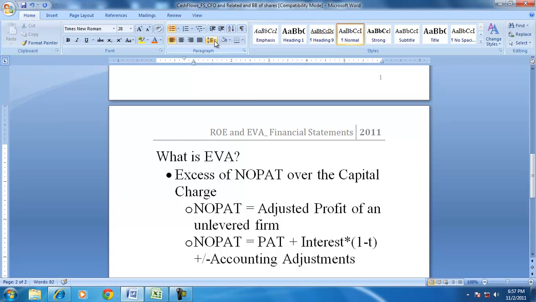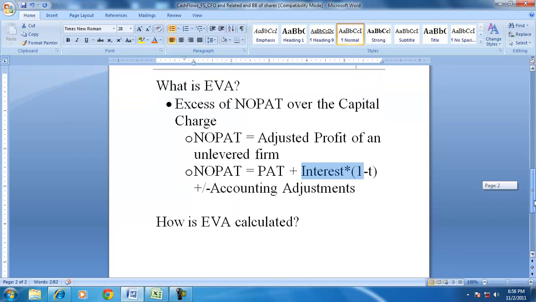These accounting adjustments are required to address the accounting anomaly, and interest into 1 minus t is adjusted to remove the financing anomaly. So the NOPAT calculation takes care of the financing anomaly and the accounting anomaly.